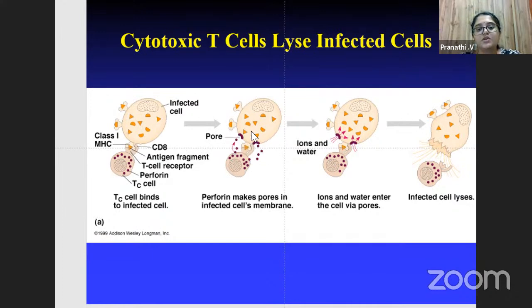Perforins are released, so holes are made, and there is loss of ion and water, depending upon the gradient of the ion. Because of which ions might either enter or leave.